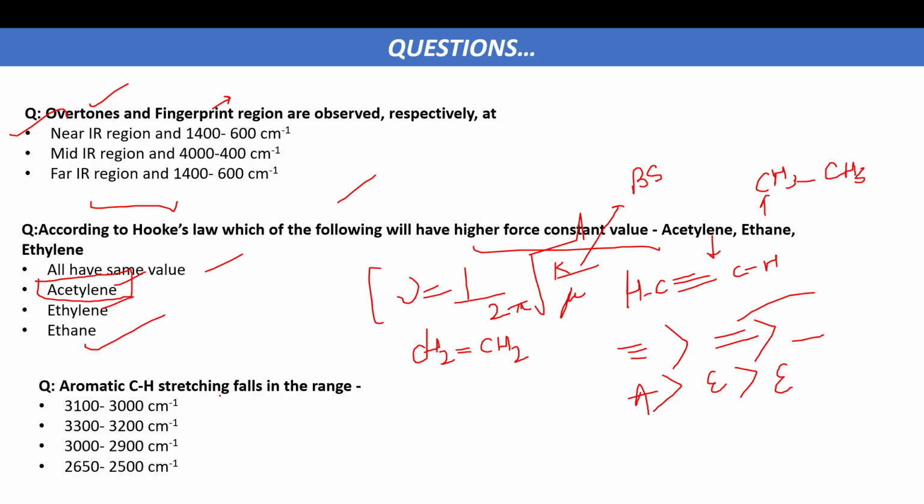Now next, aromatic CH stretching falls in the range 3100 to 3000, 3300 to 3200, 3000 to 2900, or 2650 to 2500. So it will be 3100 to 3000 centimeter inverse.